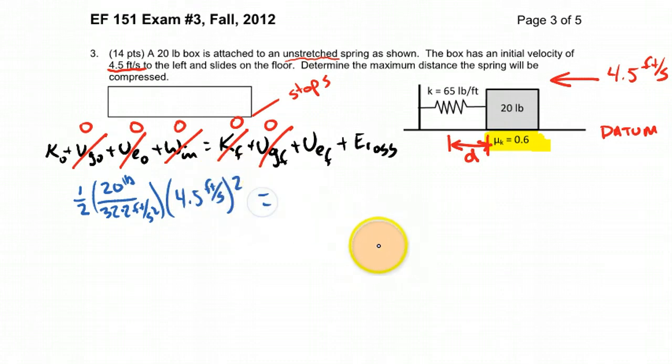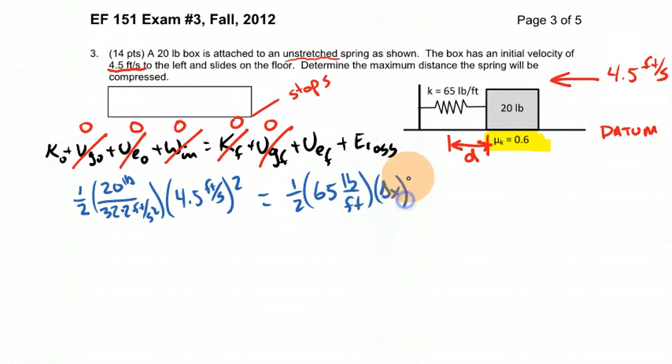That's going to be equal to 1/2 K, 65 pounds per foot, times delta X squared. Okay, so delta X is also the distance it slides. So just to make it clearer, I'm going to write that as D.